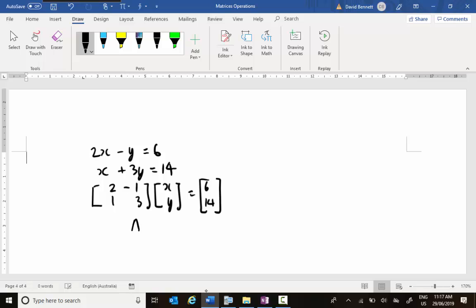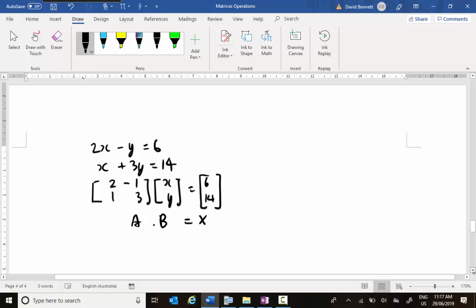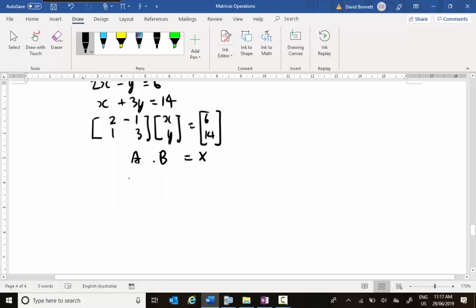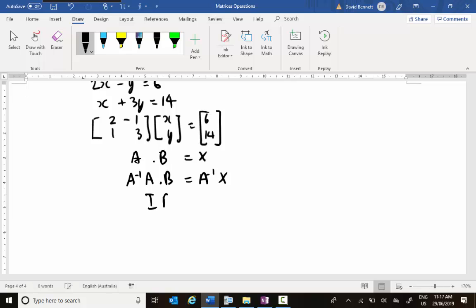I'm going to write this in the form of A times by X equals B. Alright, we know we have to do the matrix algebra. We know that the inverse matrix of A times by A times X is equal to the inverse matrix of A times by B, and this is going to be the same every time, but you have to show it because it's good mathematics, and therefore X is equal to the inverse matrix of A times B.